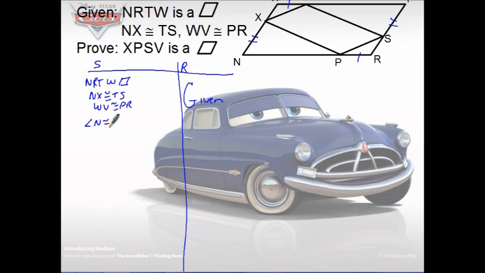I'm going to say angle N is congruent to angle T for a reason. Opposite angles of a parallelogram are congruent. I'm also going to say angle W is congruent to angle R. Same as 4.